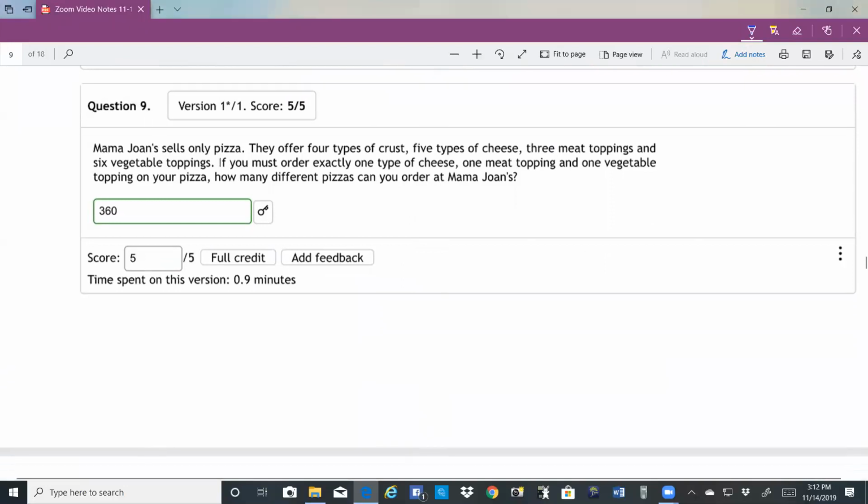Number 9, Mama Jones sells pizza. They have 4 types of crust, 5 types of cheese, 3 meat toppings, and 6 veggie toppings.